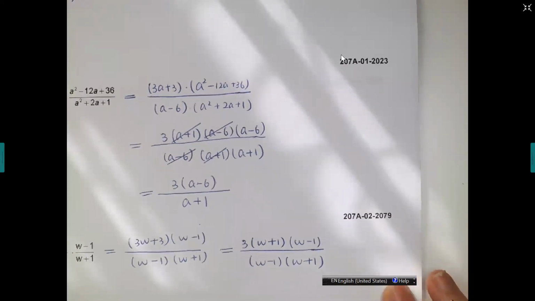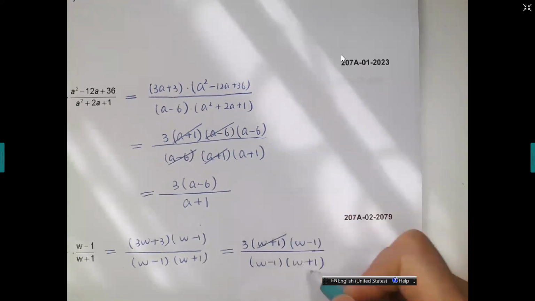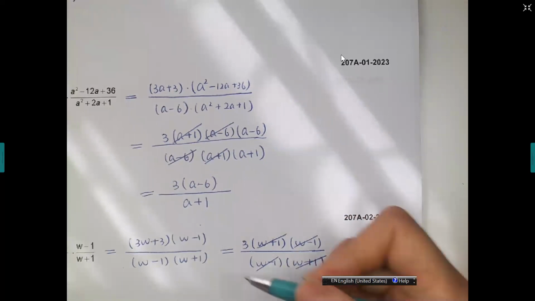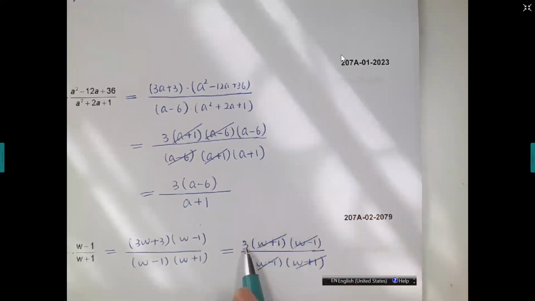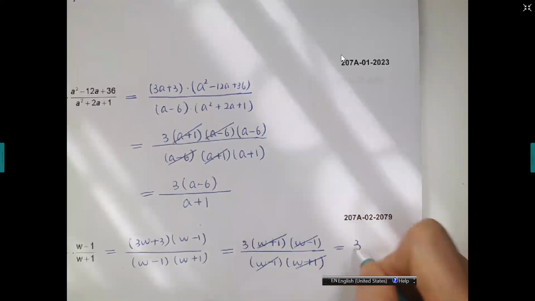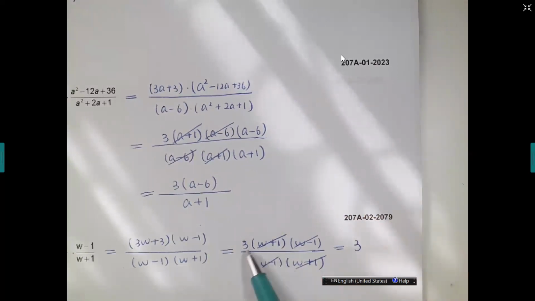Now, the easiest part is what? Do the cancellation. I see w plus 1, w plus 1. Those two are identical. They cancel each other. I see w minus 1, w minus 1. Those two cancel each other. What is left? 3, where 3 is on the top. So then you just write down 3 here. If 3 is on the bottom of the bar, then you cannot just write 3 here.